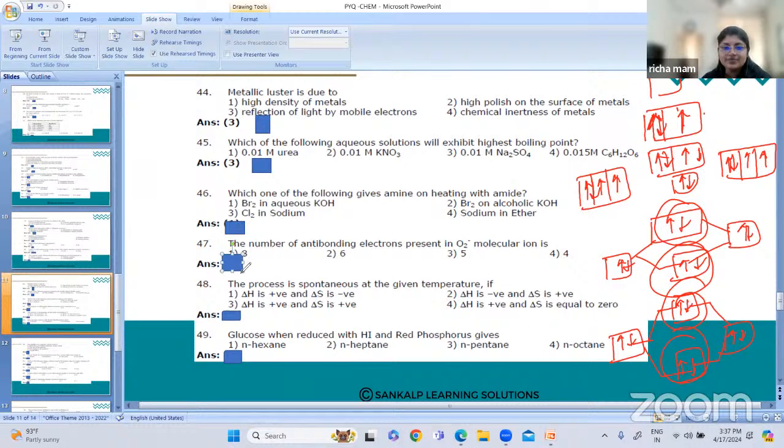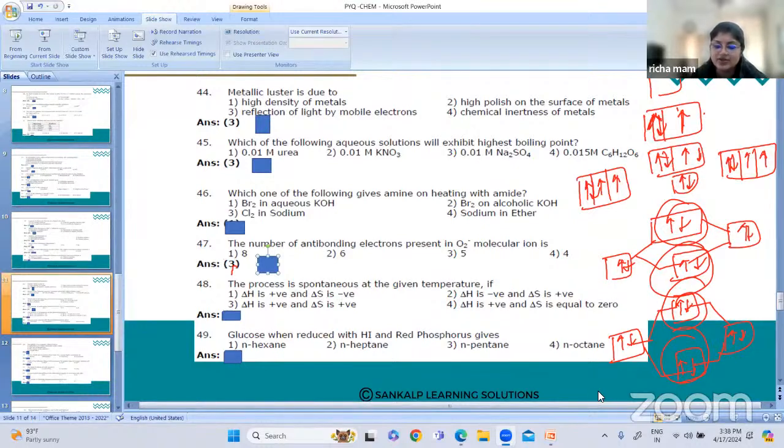So 7. When you write the number of antibonding electrons here, it is coming 7, but in the options it is not given. I'll check it once more, just a second.